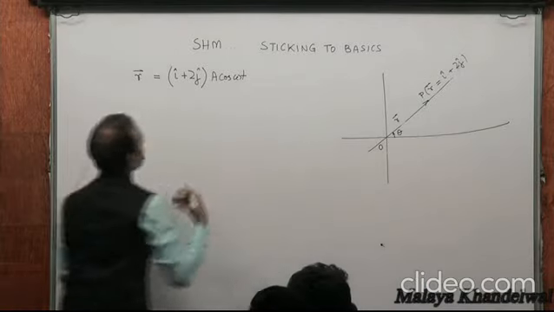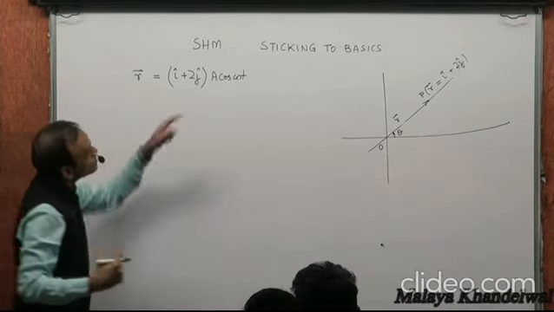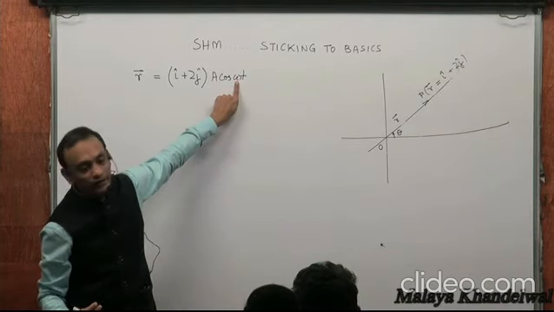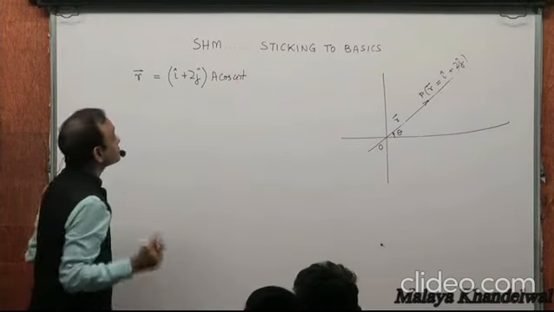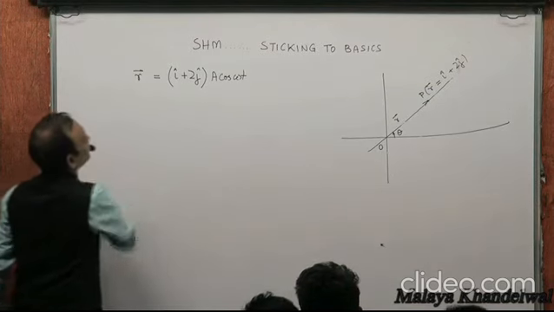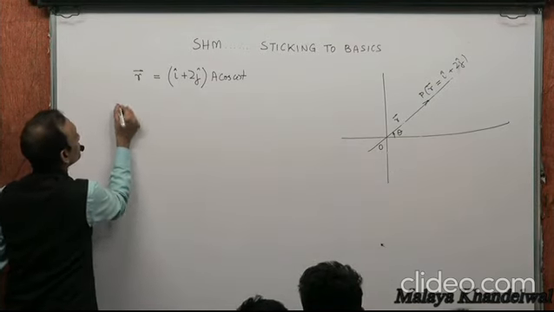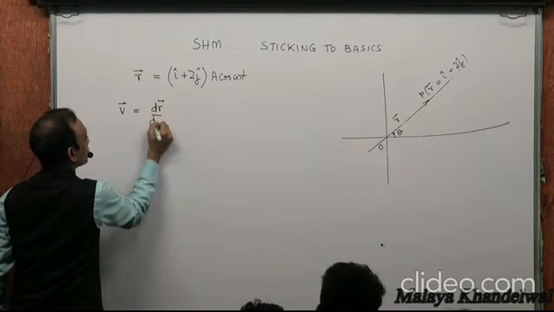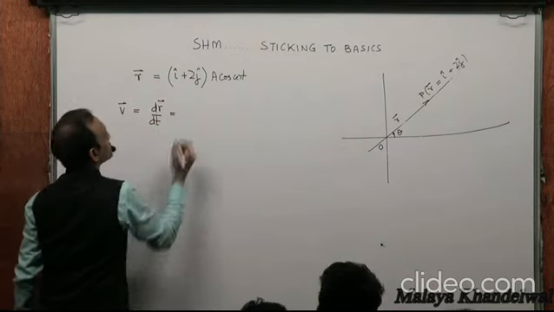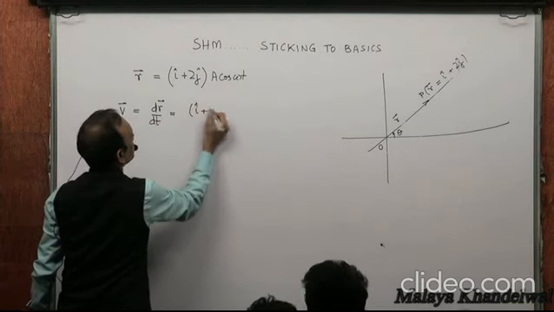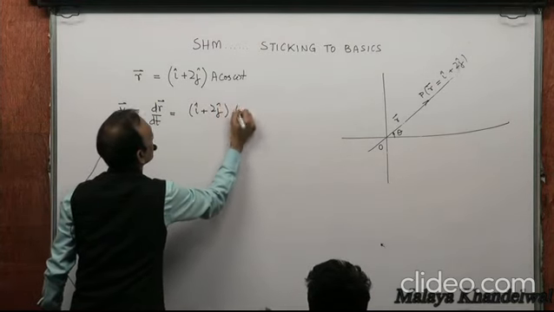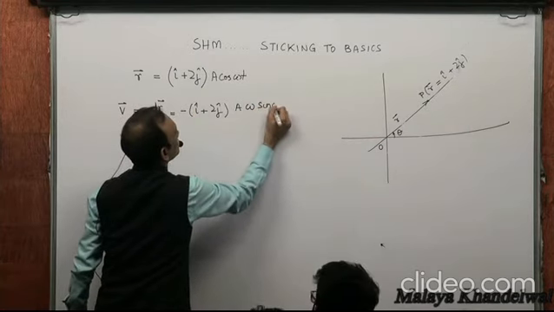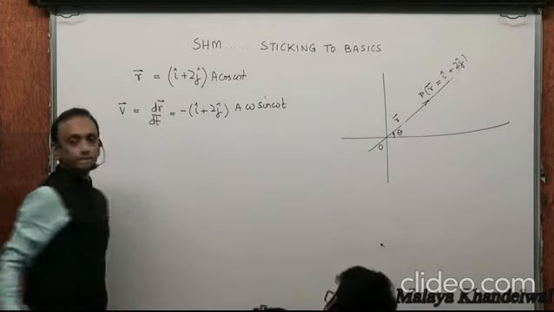Now just to figure out a few other things related to the simple harmonic motion. One, of course, the angular frequency is omega. Also the velocity of the particle is dr/dt, which is (i cap plus 2j cap) a omega with a minus sign, sine omega t, right?